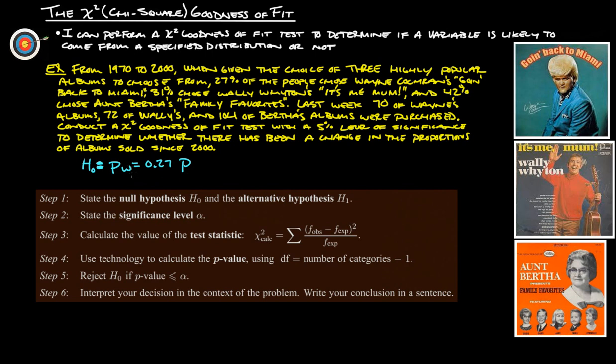The probability of Wally Whiten is going to be 0.31, and the probability of Aunt Bertha is going to equal, wasn't she 42? There we go, 0.42. So that's what we're expecting to happen. It should be pretty close to that.